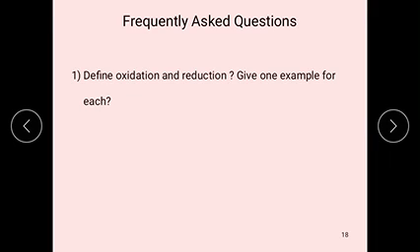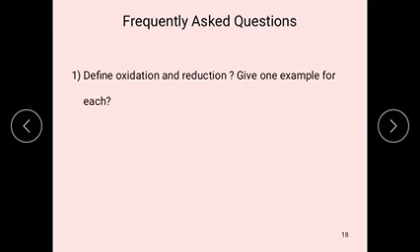And the process of increasing the oxidation number of an element or atom in a chemical reaction is called an oxidation reaction. It should be the same element, not a different element.